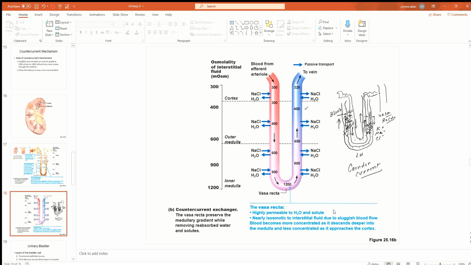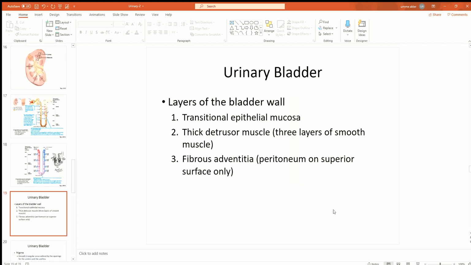So you see here, the urinary bladder. You know that from the kidneys, two ureters, two tubes, bring the urine into the bladder.